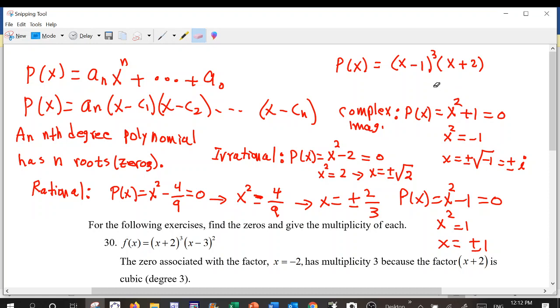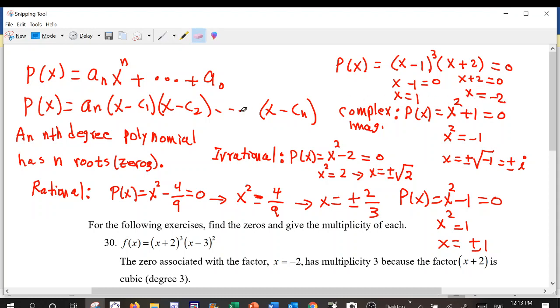Now, if you set this polynomial equal to 0, what do we get? Well, we get x minus 1 to the 3rd equal to 0. That means x minus 1 is 0, so x is 1. And here we have x plus 2 equals 0, so x is negative 2.